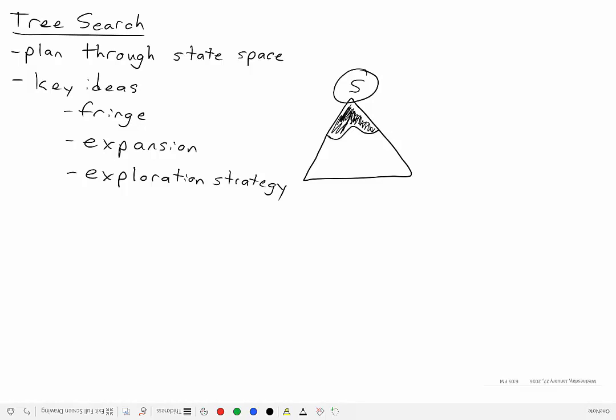So for the running example, we'll consider a simple state space that looks like this. We have a start state, we have a goal state, we have a state I'll call A, a state I'll call B, and the arrows will indicate where I can go from each state.